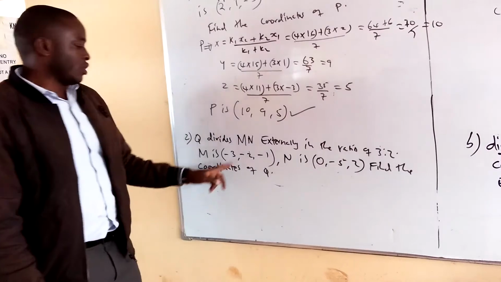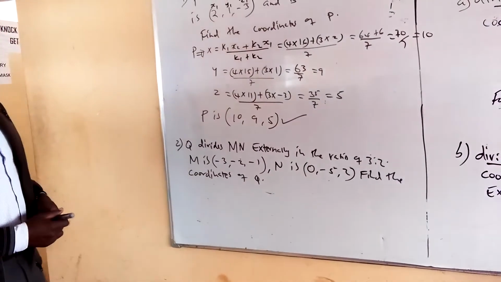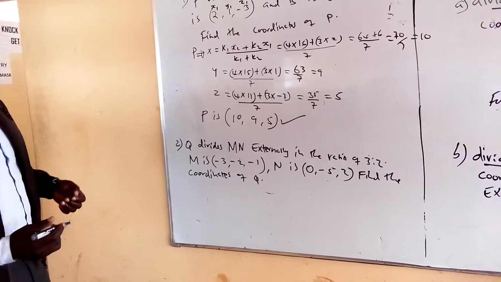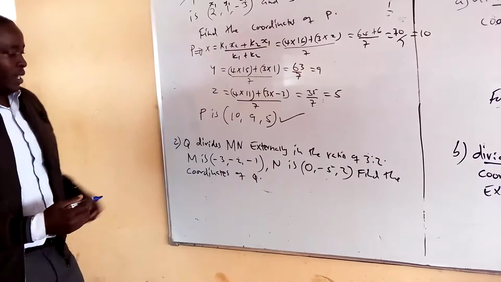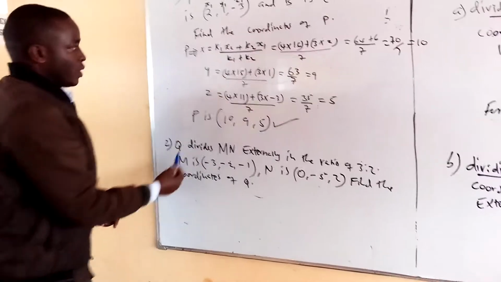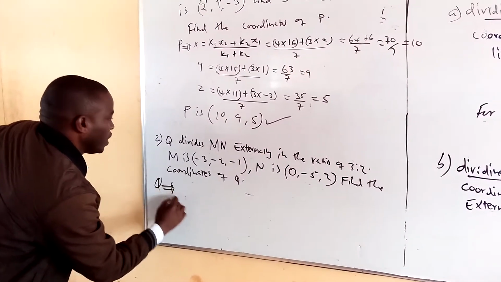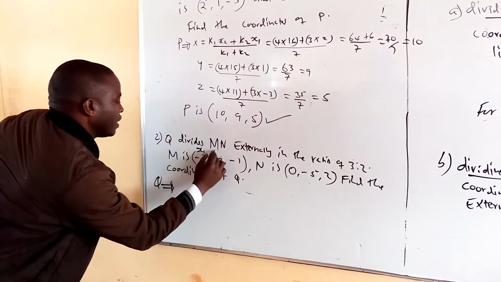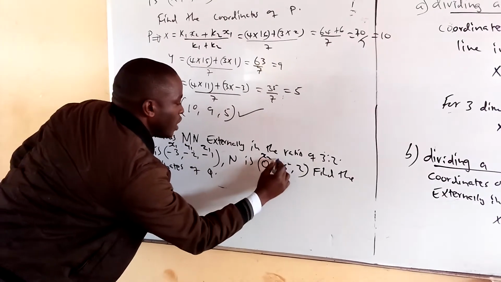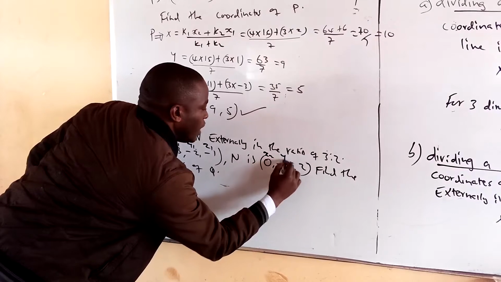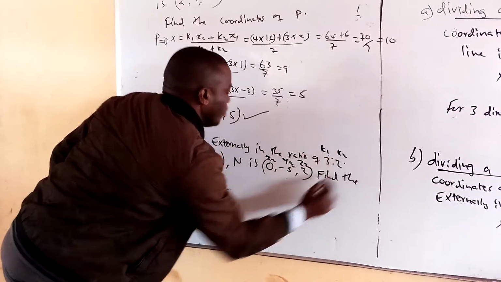Find the coordinates of Q. Now we said for external division the formula is the same, but we subtract instead of adding. For us to get our Q, we need to note that this is our x1, this is our y1, this is our z1, this is our x2, our y2 and our z2, and this is our k1 and our k2.